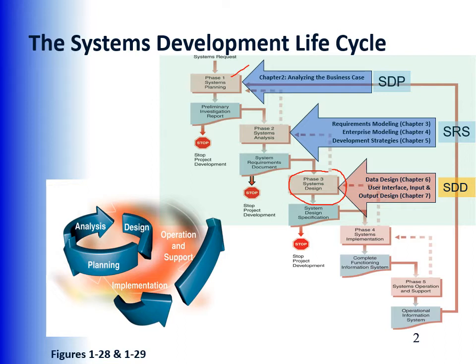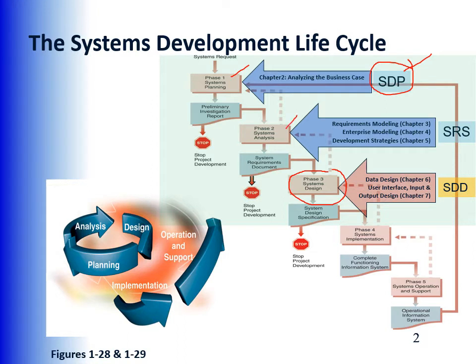In this phase, you have learned about how IT projects get started, and how system analysts evaluate a proposed project and determine its feasibility. The output from this phase is the system development planning, which is the document you have submitted to me.